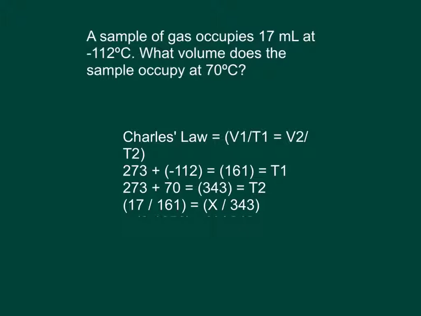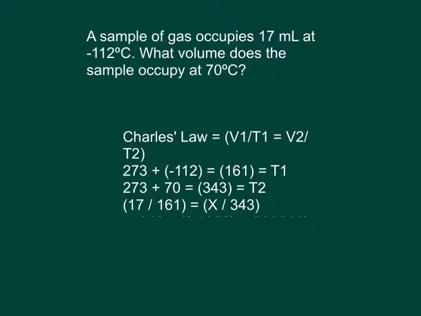Okay, so now in order to get x by itself, we're going to have to multiply both sides by 343. So this entire thing times 343, and then we're going to do this times 343.